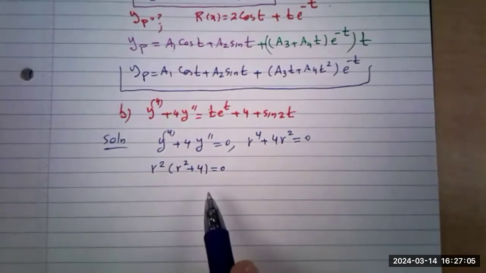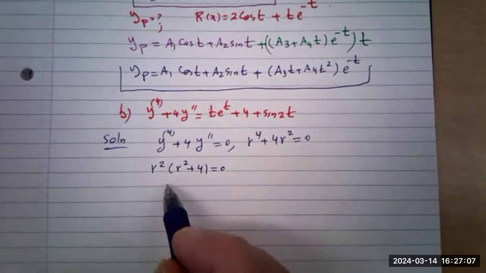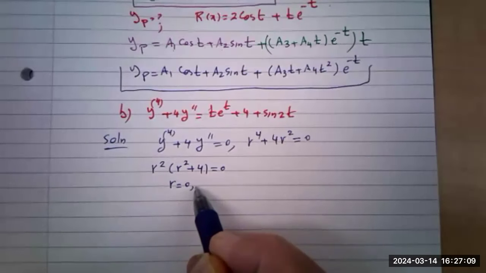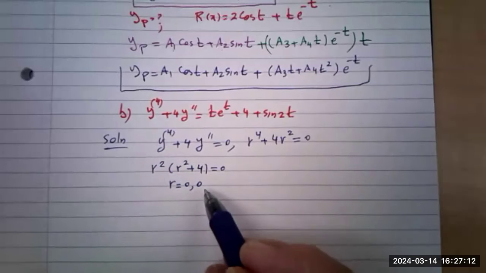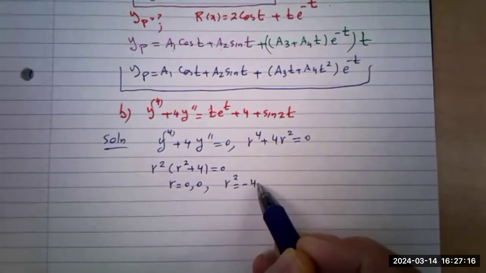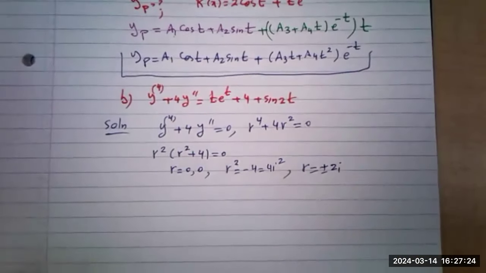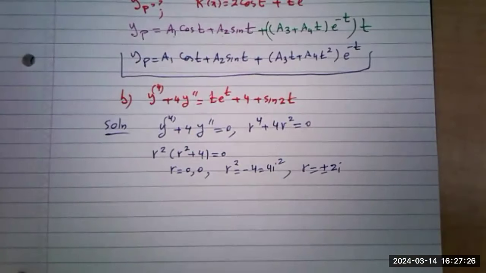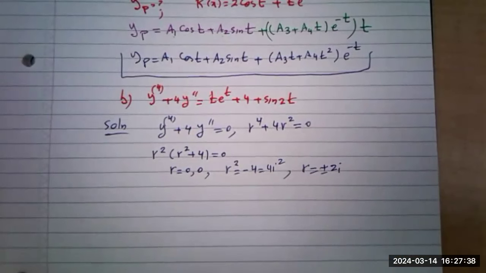So the solutions are, from the first part, r equals 0, 0. And the other part, r squared equals negative 4, which is 4i squared. So that gives you r equals positive and negative 2i. So you have 4 solutions, 2 complex and 1 repeated. We can put them together. So what's going to be the final answer?